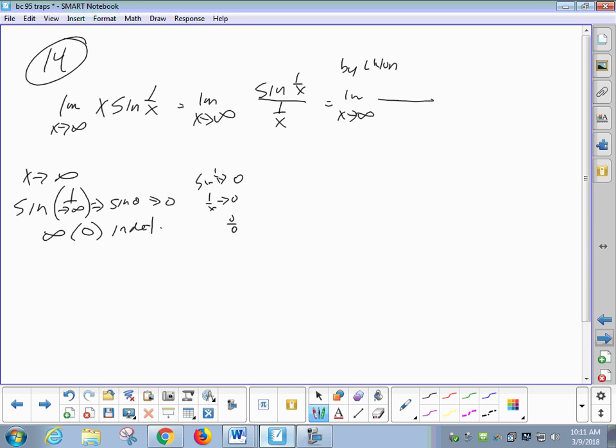Derivative of the top would be cosine of 1 over x, but times the derivative of the inside, which is negative 1 over x squared. Derivative of the bottom is also negative 1 over x squared, which is delightful because those divide away. That then approaches cosine of 0, which is 1. Does that make sense?